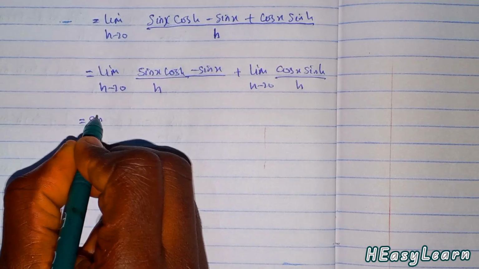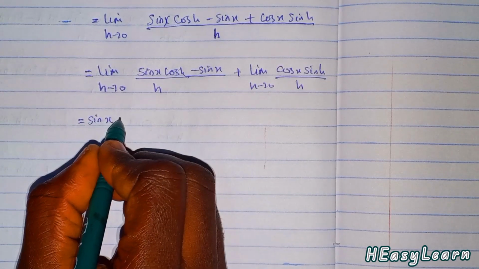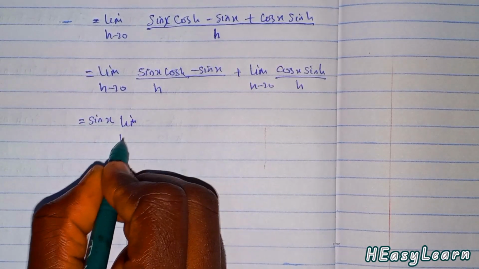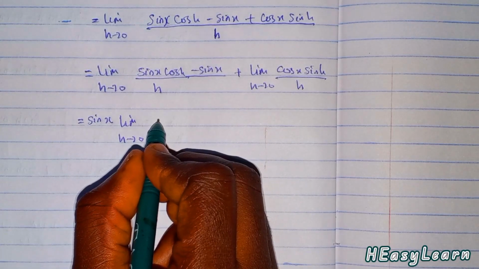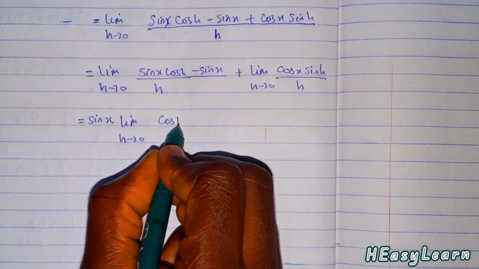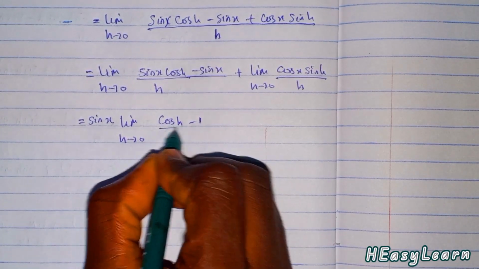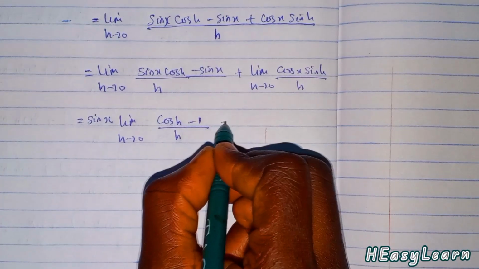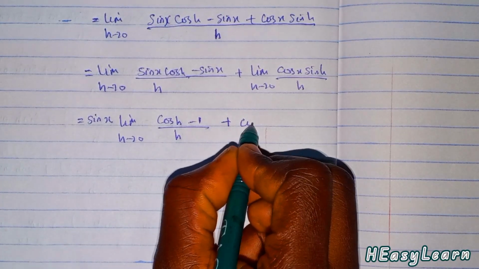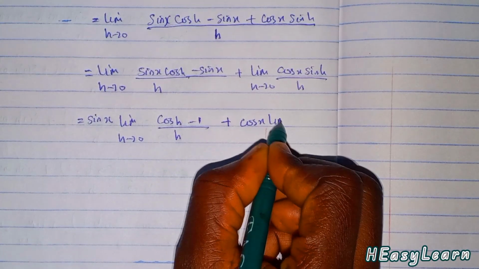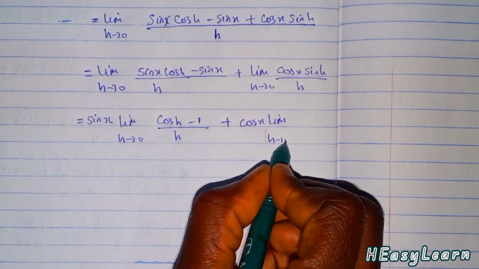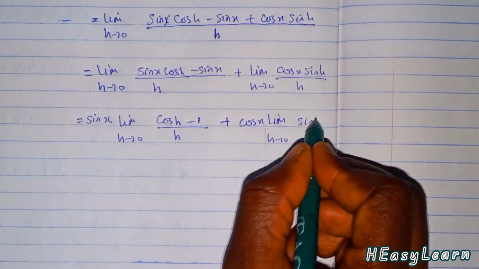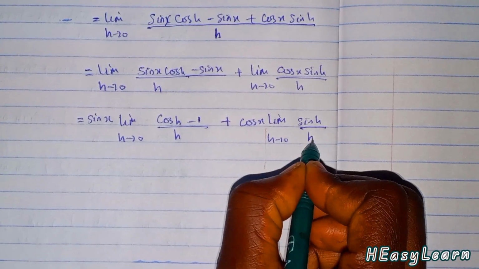The term without h, factor it out, sine x, the limit h approach 0 of cos h minus 1 over h, plus cos x, limit h approach 0 of sine h over h.